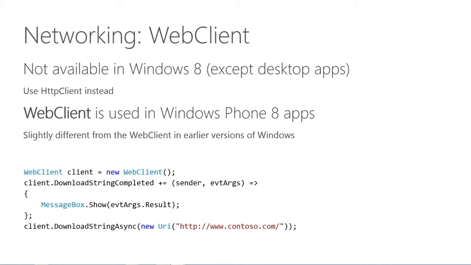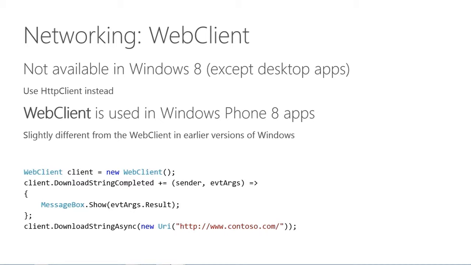Here we have the example down at the bottom of the screen, where I'm newing up a new WebClient and then setting the anonymous method there, and then downloading the string and showing the results once that's done. Pretty straightforward, but not at all like it's done on Windows 8.